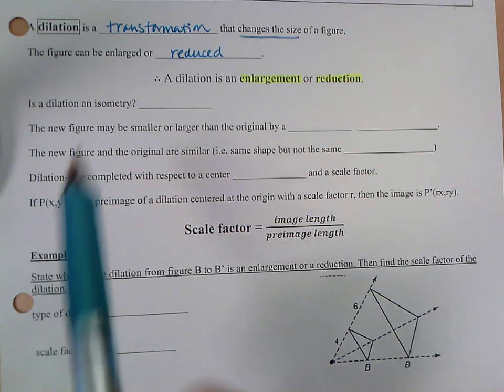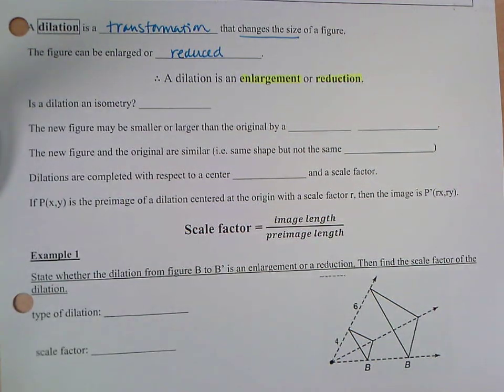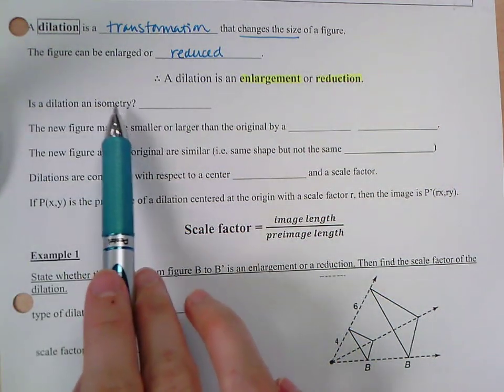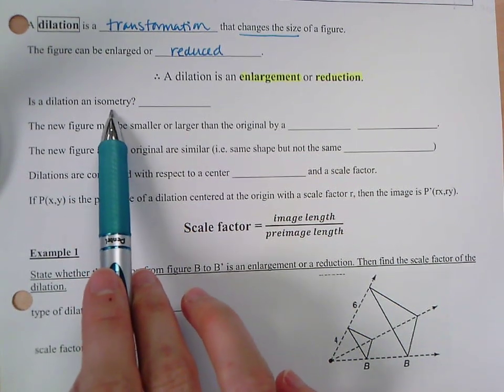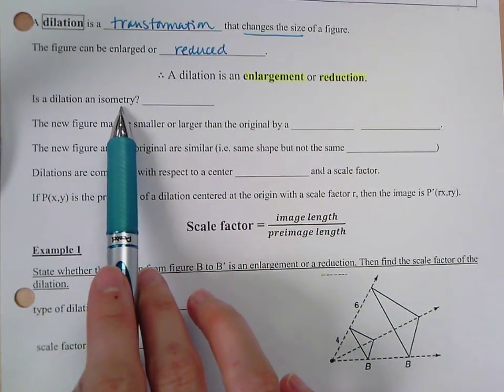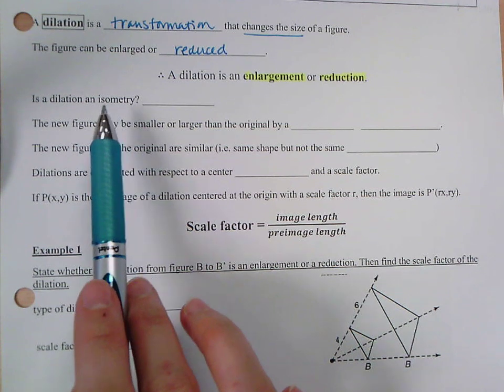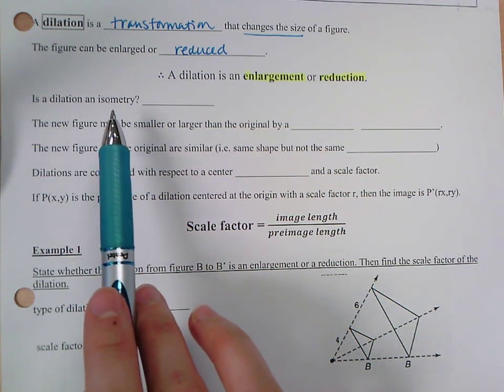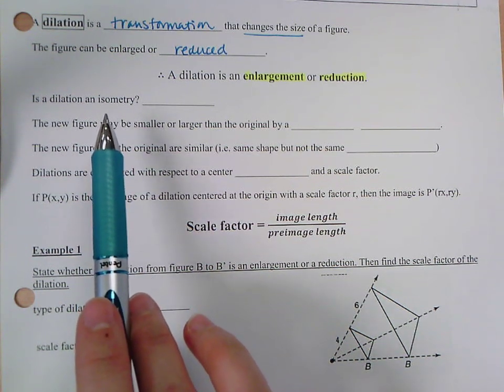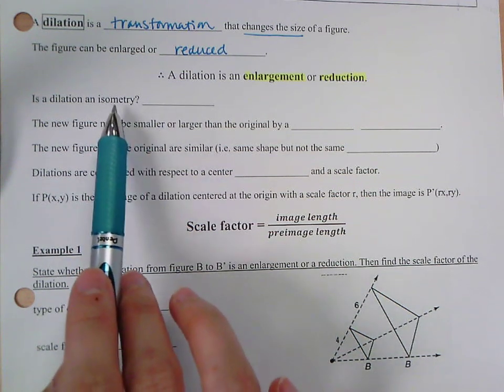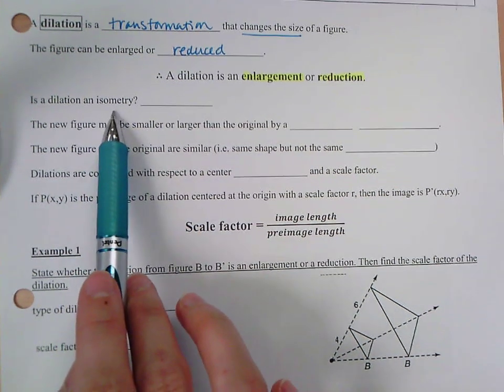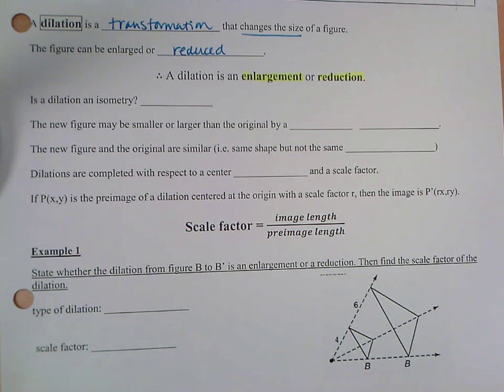So then in the very first lesson, I know we've reviewed it a few times. What is an isometry? What does that mean? It's what? When it doesn't change what? The shape or size. So yes, an isometry is a transformation that will not change the shape or size.